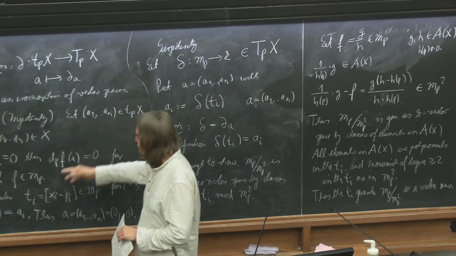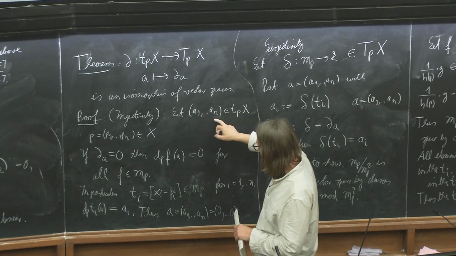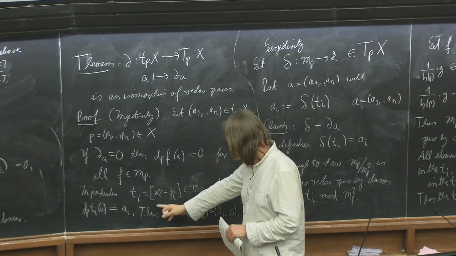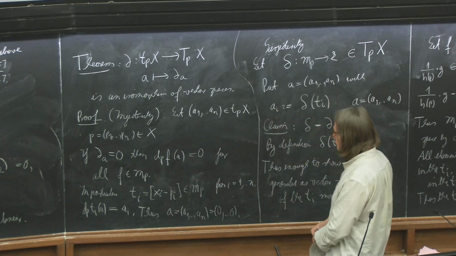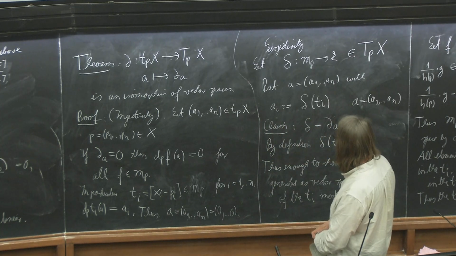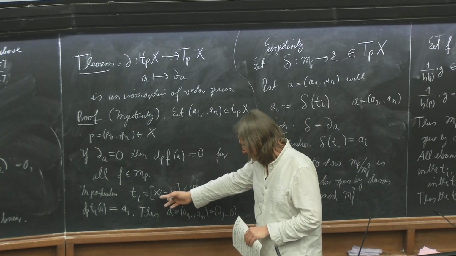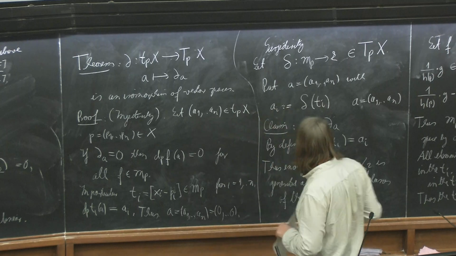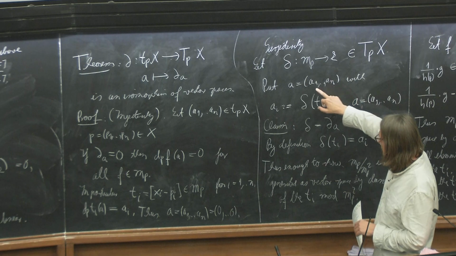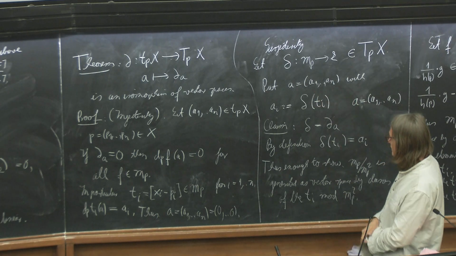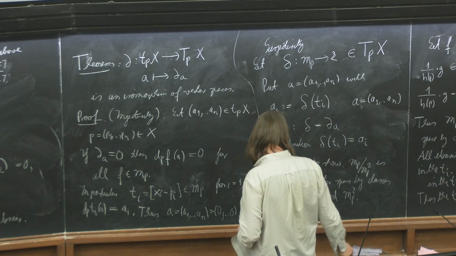You could assume that your point is just the 0 point, then you get the Ai as what this thing does to the variables xi. And so this shows the injectivity. And for the surjectivity, you can just take as a vector what it does to the xi, and then by this computation, you see that that determines it.